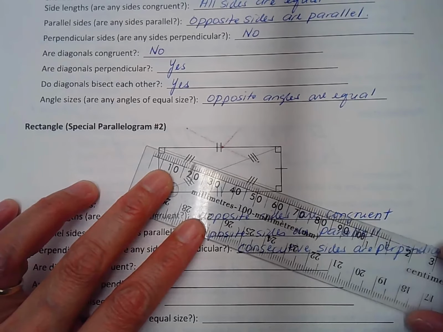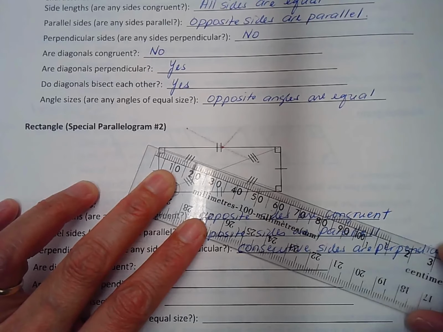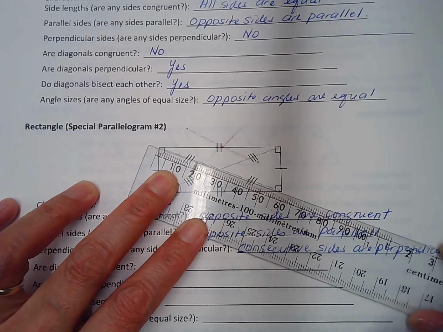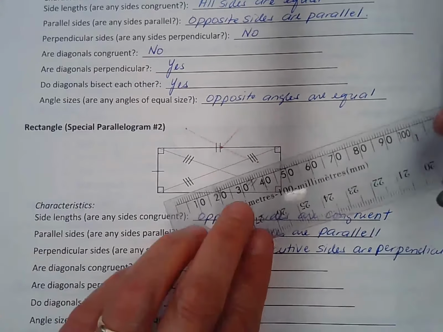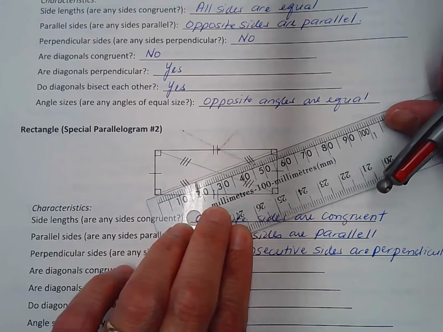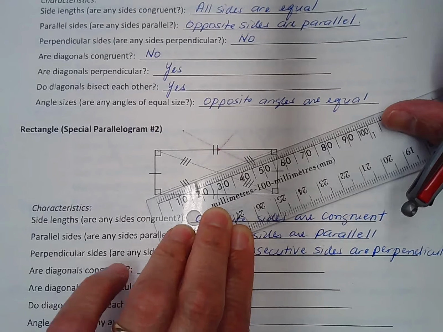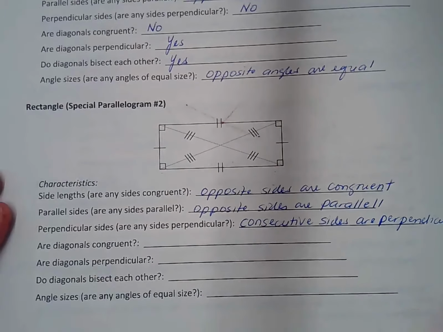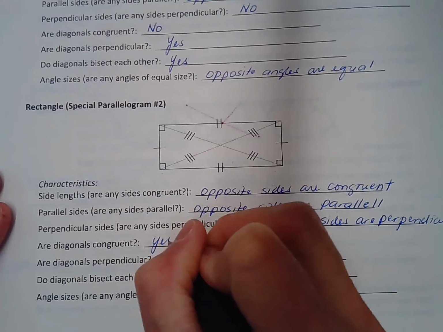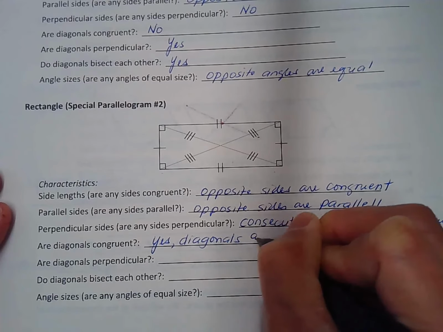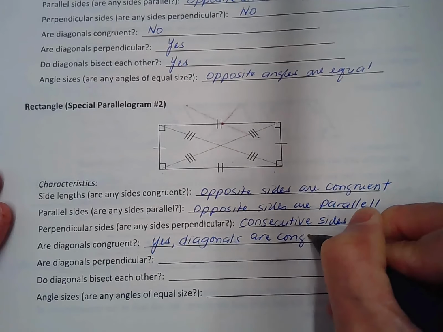This one I measure as about 5.9 centimeters. And if I go this way, also about 5.9 centimeters. So, are the diagonals congruent? Yes. Diagonals are congruent.